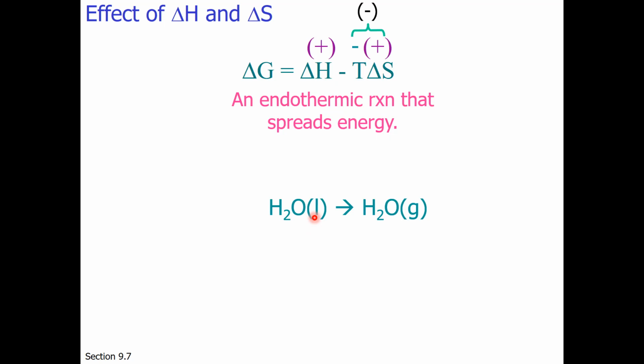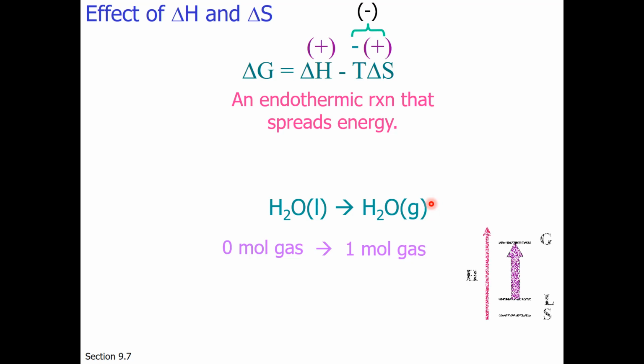Here's an example, again a phase change. When water liquid becomes water in the gas state, we go from 0 moles gas to 1 mole gas, so entropy is increasing, but as you notice, it's an endothermic process. We have to put energy into the system to make this transformation occur.